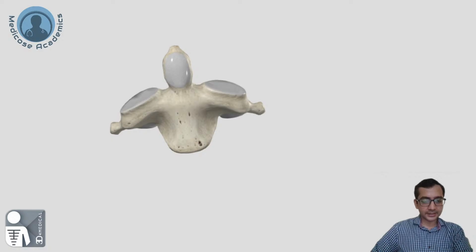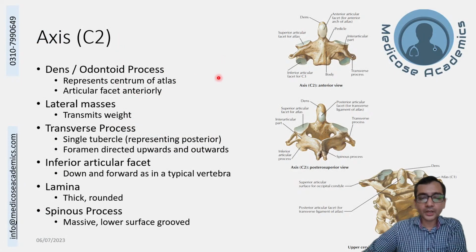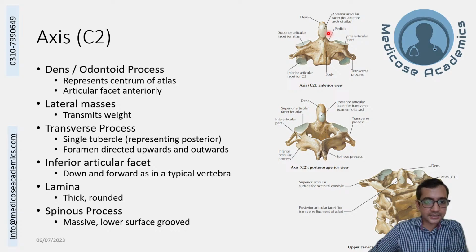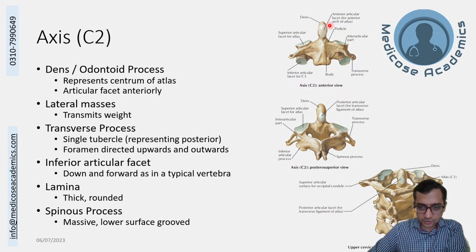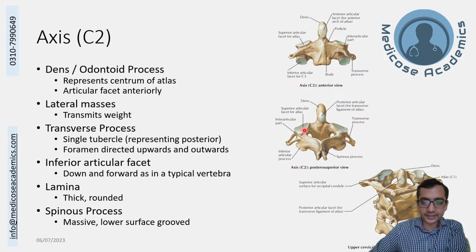So let's see how we can revise. We look at the dens, the odontoid process, representing the embryological centrum of the axis. There is an articular facet anteriorly for the arch of the atlas, and posteriorly for the transverse ligament of the atlas. There is a lateral mass having the superior articular facet, and the transverse process is hidden, having a single tubercle representing the posterior one, so there will be no intertubercular bar and no costotransverse bar.